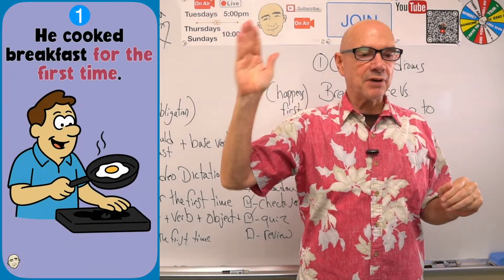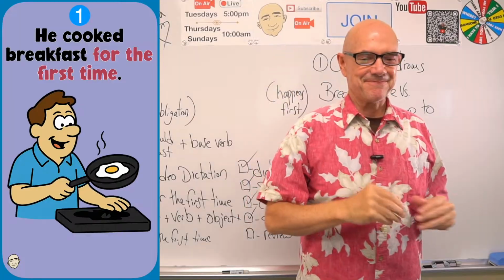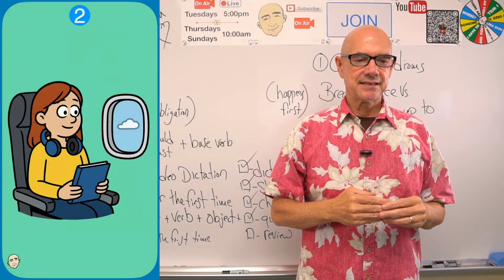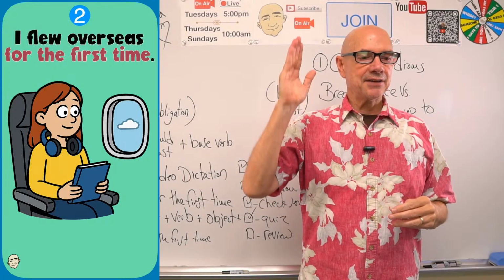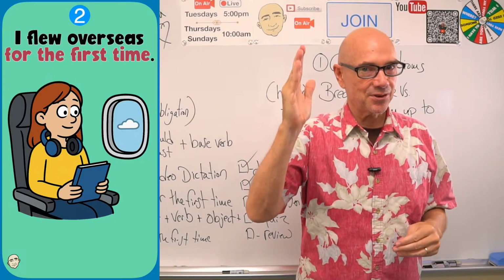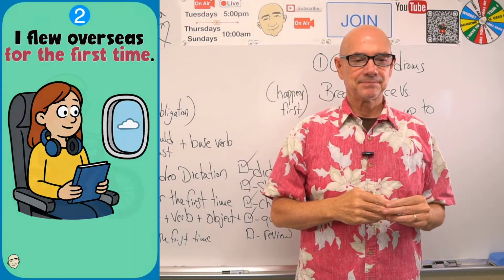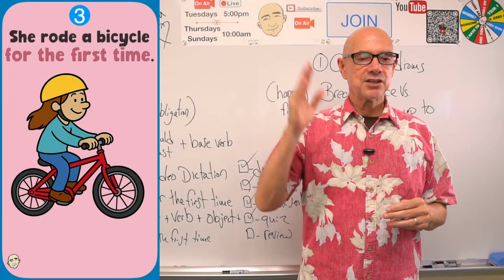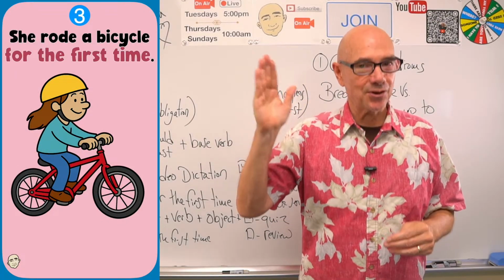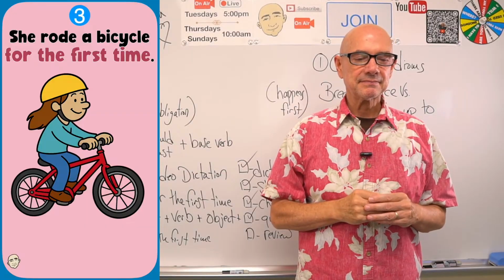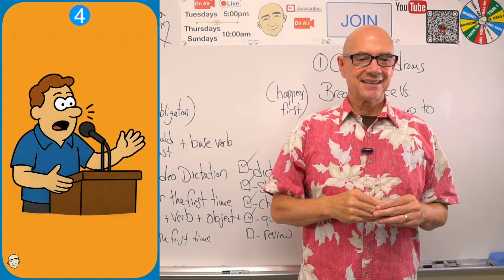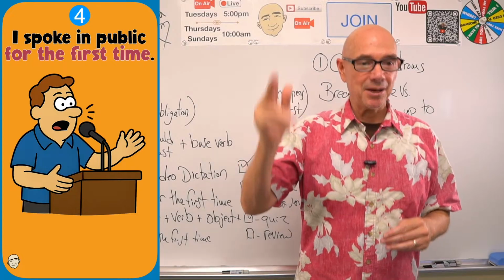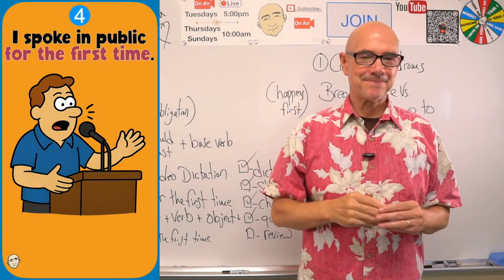He cooked breakfast for the first time. I flew overseas for the first time. She rode a bicycle for the first time. I spoke in public for the first time.